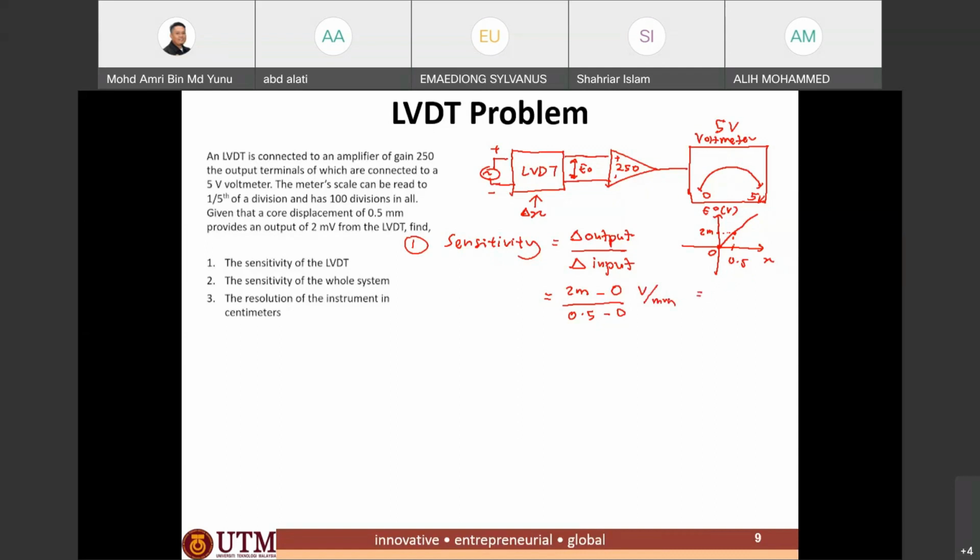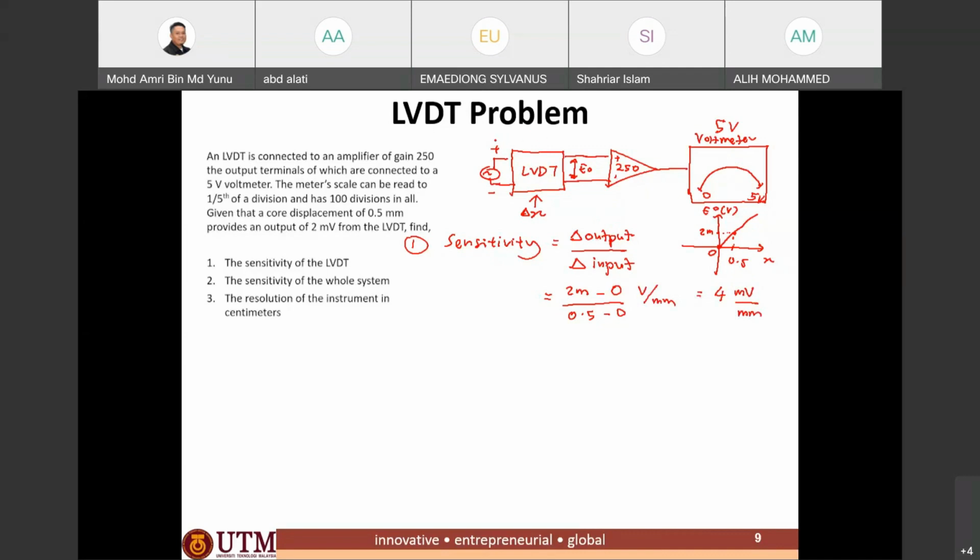So we get that the sensitivity is 4 millivolt per mm.